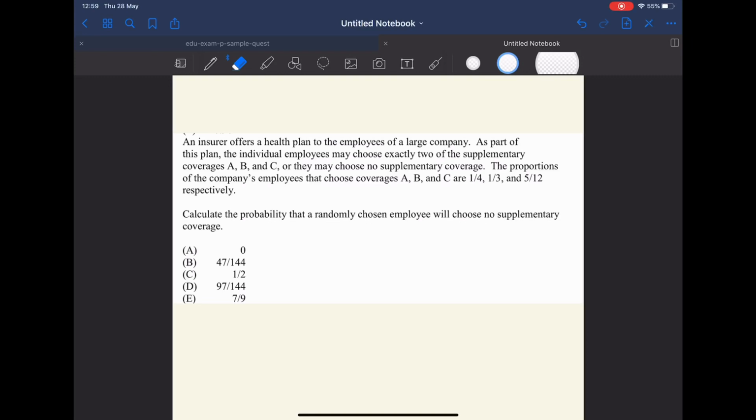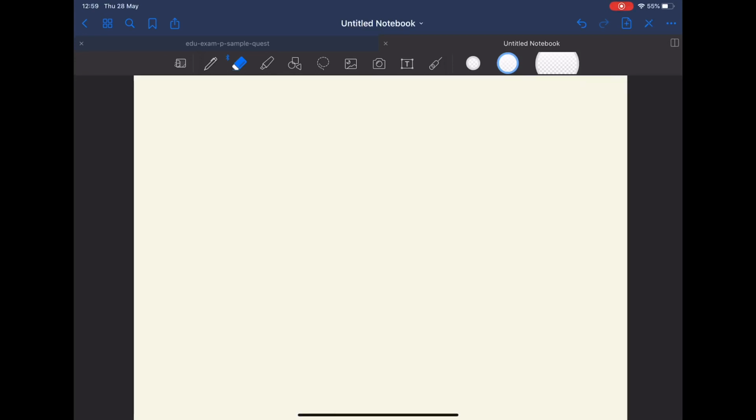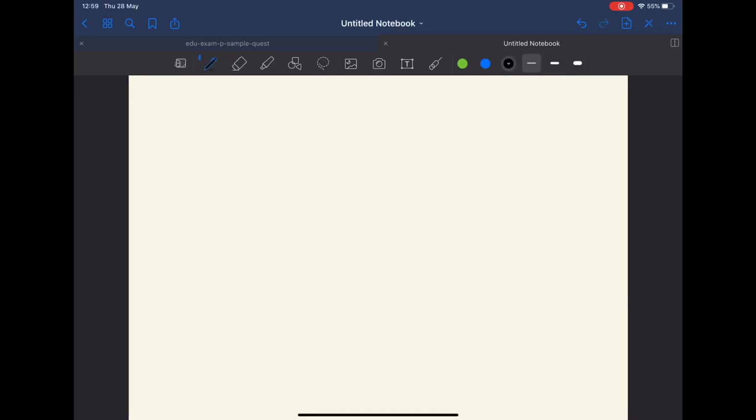So we jump on to solve the problem. We are told there are three coverages. Let A be coverage A, let B be coverage B, C be coverage C, and S be no coverage.